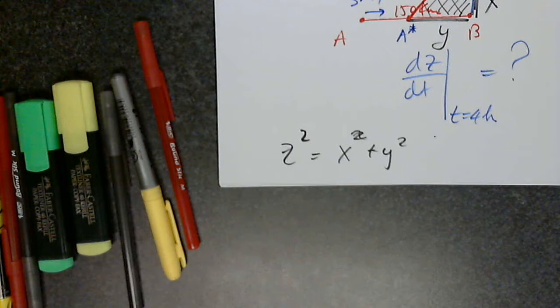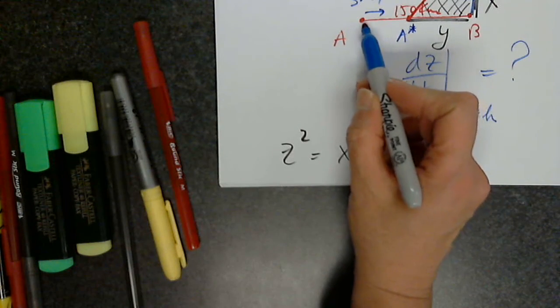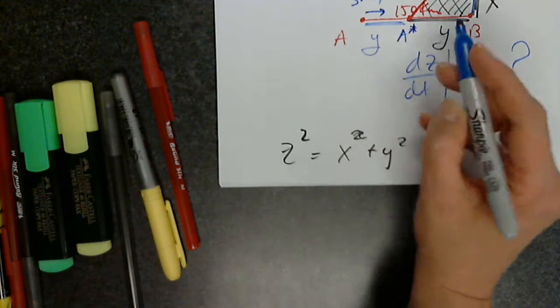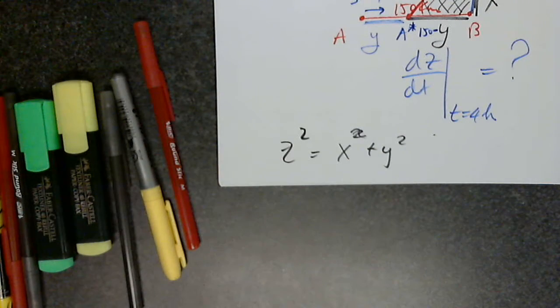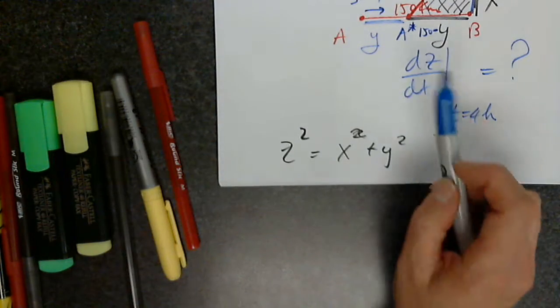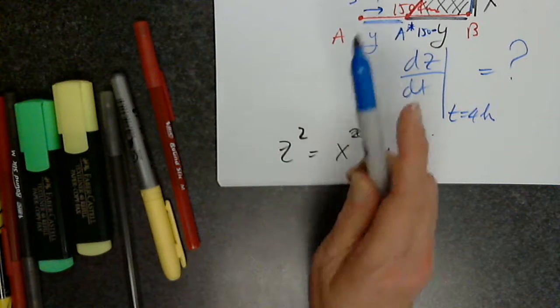But I have to find an expression for X and for Y. You can differentiate both sides. So I think I'm going to say this is Y and this is 150 minus Y, because I don't know how fast this is changing, but I know how fast this is changing.